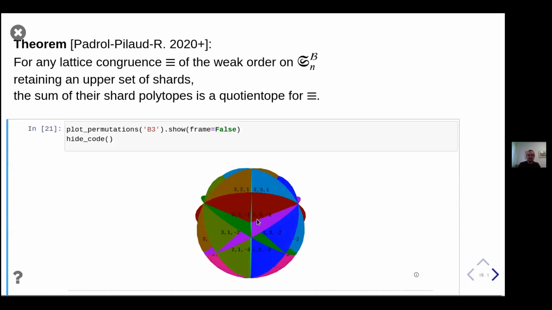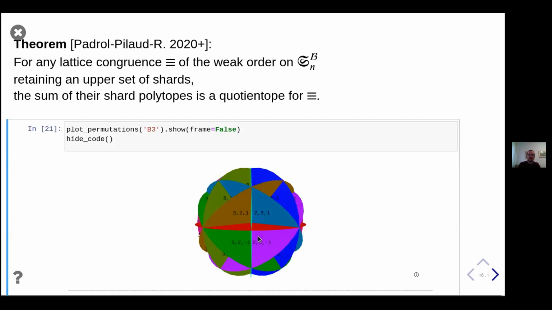And the hyperplanes, in addition to exchanging coordinates, some of them exchange the sign of one of the coordinates. But it's again an arrangement where the combinatorial structure is rather well known.